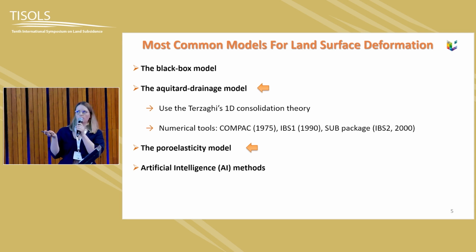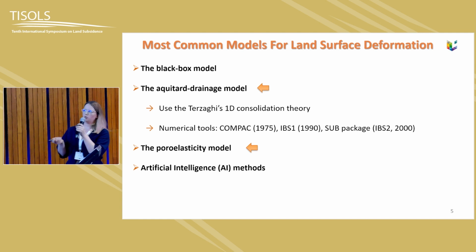So we are in the aquitard drainage model, and there are some existing numerical tools. The first one is Compact, developed in 1975. It's a finite difference model used to express the cumulative 1D compaction in the aquifer.